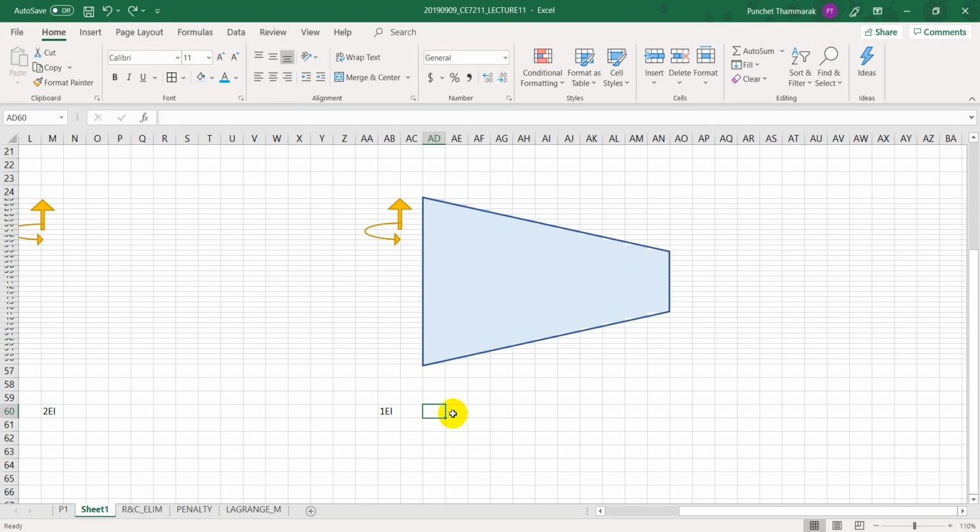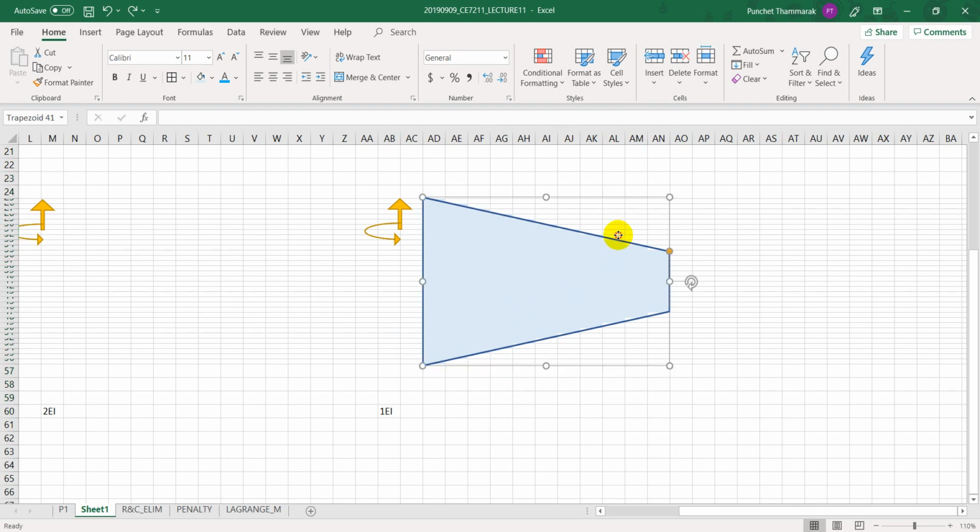This sub-beam is connected to another sub-beam; you take the EI value at the middle of this point, use the EI there, put it here, and so on and on. In total, you have 16 beams.